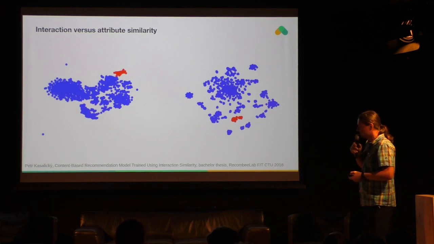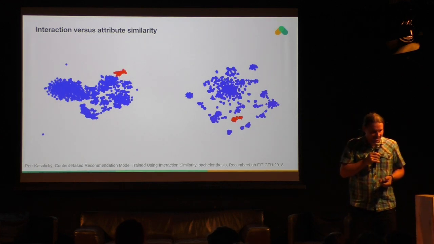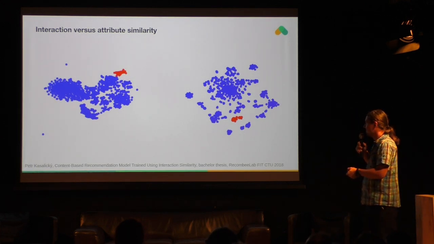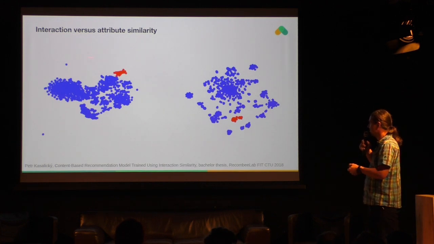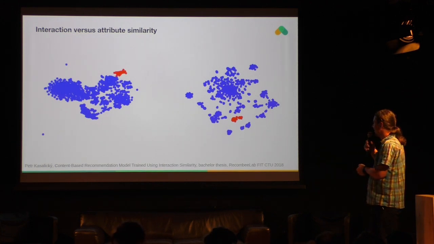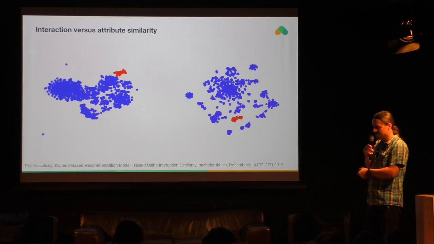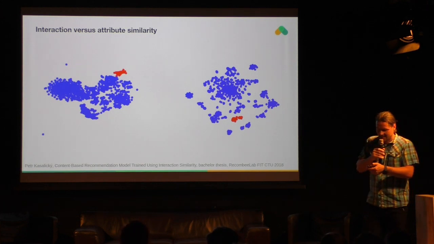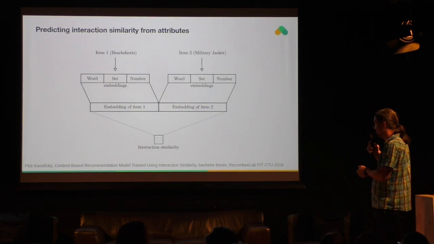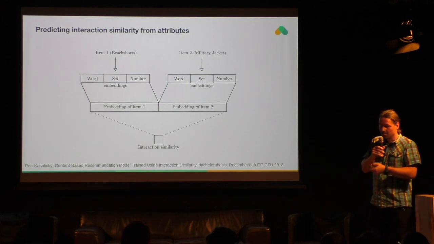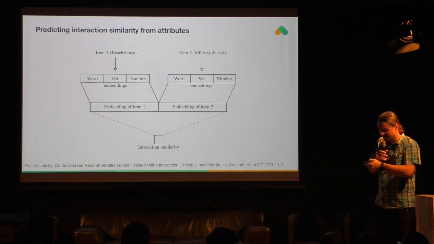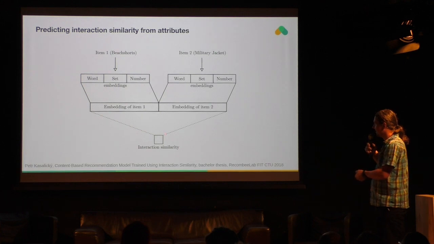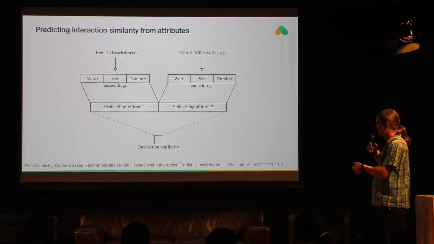But what you can do here is to compare the similarity which is based on interactions, here, and the similarity which is based on attributes, which is here, and try to combine them. One possible approach can be to use a neural network to predict interaction similarity from item similarity.